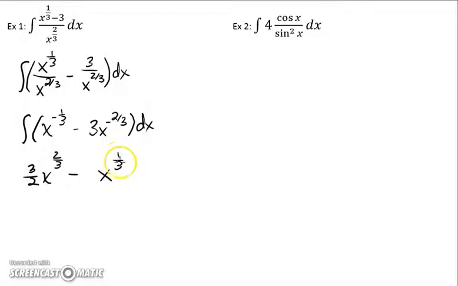Divide by 1/3, which is really going to be multiplying by 3. So we're going to get a 9 there, and don't forget your plus c. So if you take the derivative of this, you're going to end up here, which could be here, which would be here. So if you simplified, you'd end up right here if you took the derivative of this problem. So that's how we're going to deal with STDs.